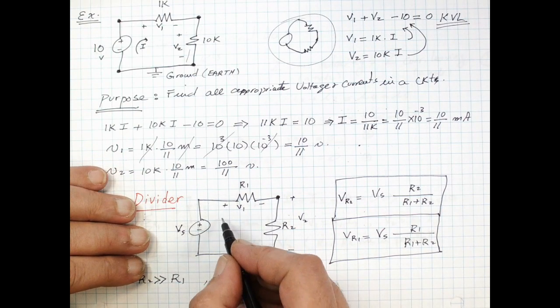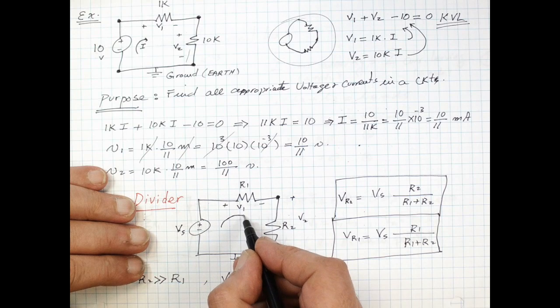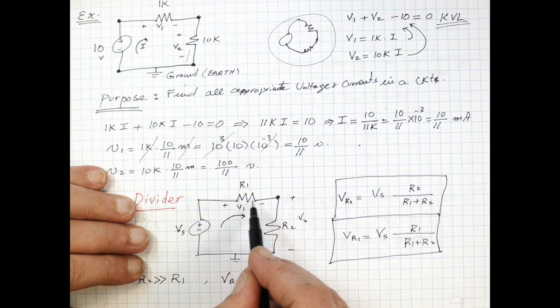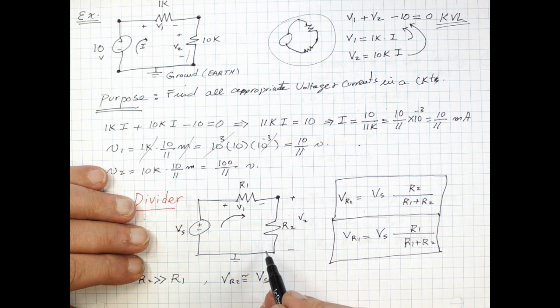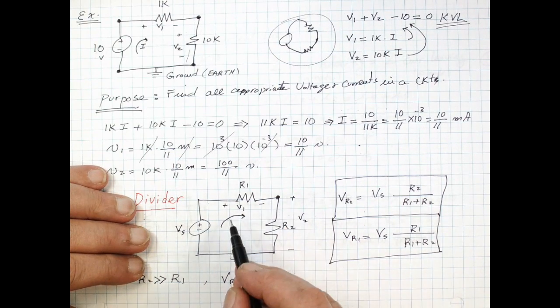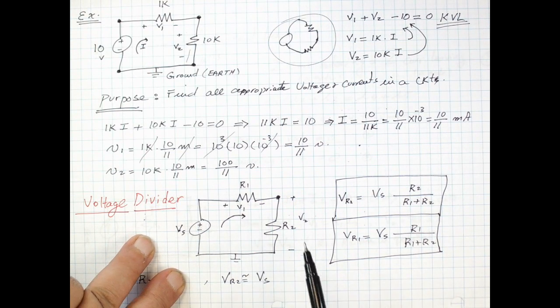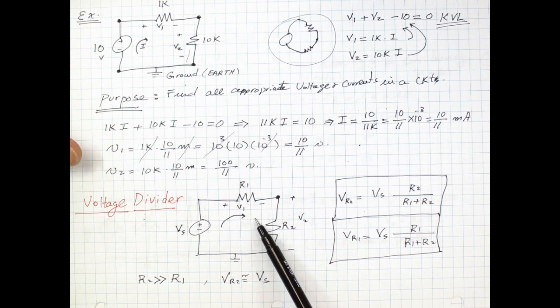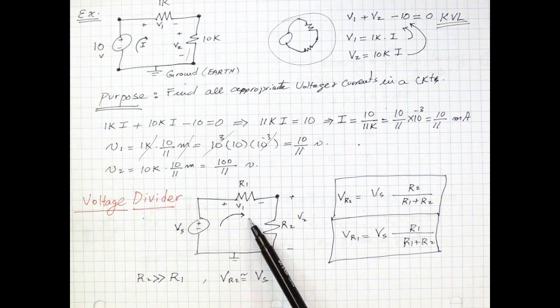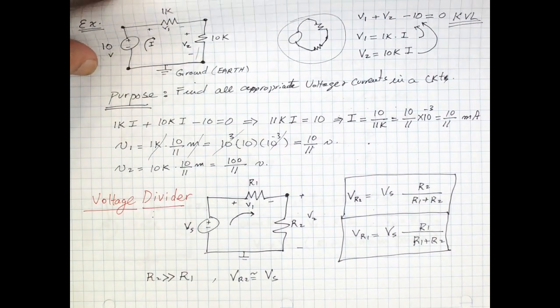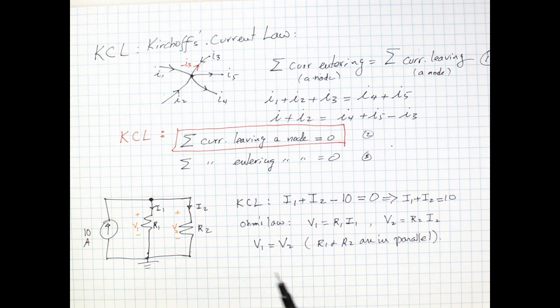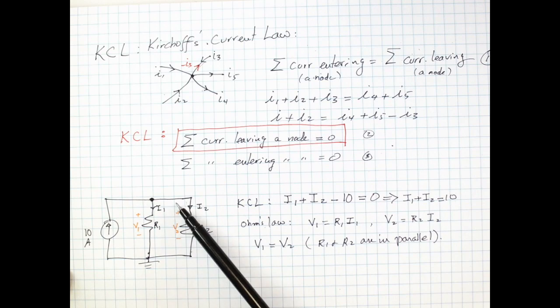So when current flows in this circuit, the same current that flows through R1 is also going to flow through R2 because the current has no other place to go. So when elements are in series, they share the same current. Likewise, when elements are in parallel, they have different currents, but the same voltage across them. So V1 and V2 are equal to each other.